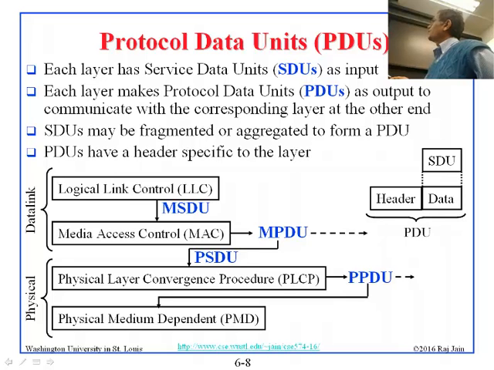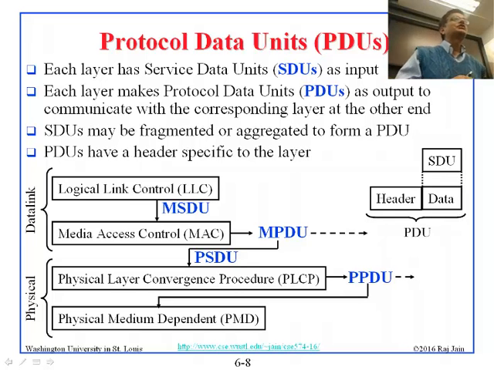And whatever comes out of MAC will be called MAC PDU, MPDU. And that will become, at the physical layer convergence procedure, the next layer down, PLCP SDU. And this will produce a PPDU, which will go to the PMD, and so on and so forth.